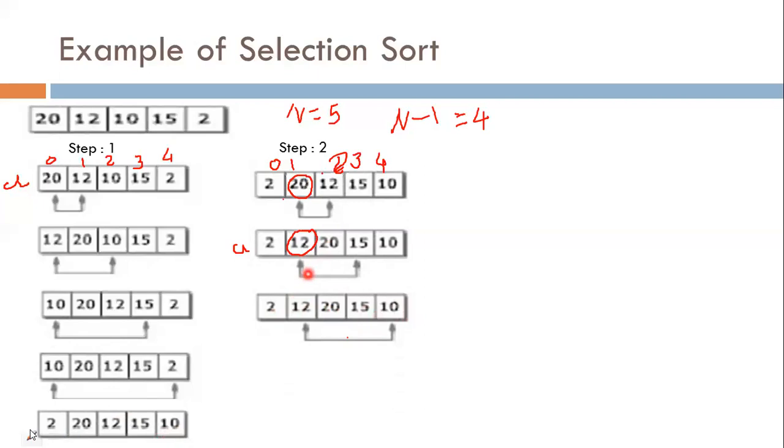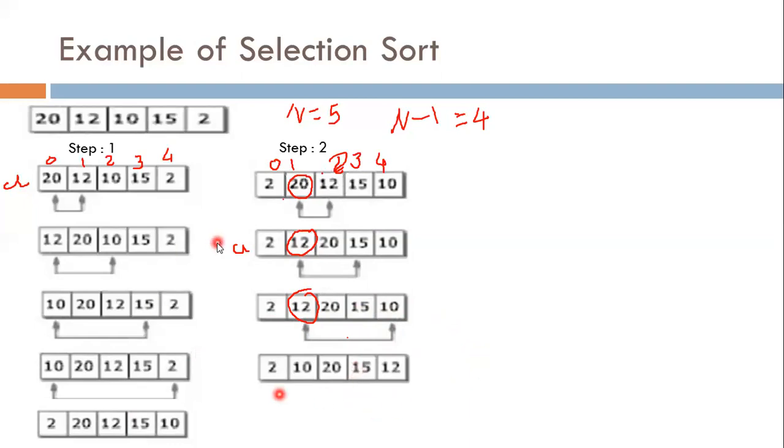Okay, and I write the same data: 2, 12, 20, 15 and 10. Now in the next case, again 12 is compared with A of 4, meaning A of 1 is compared with A of 4. In this case 12 and 10 are not in order, so swapping is performed between 10 and 12 and I get 2, 10, 20, 15 and 12.